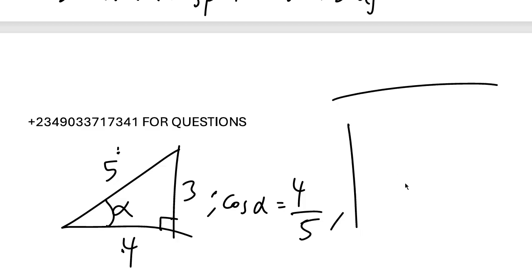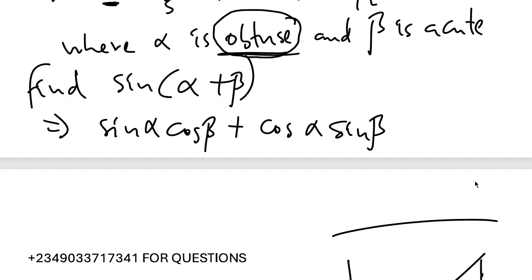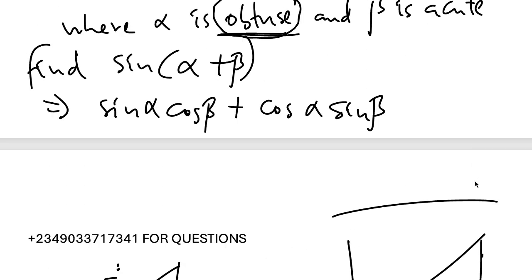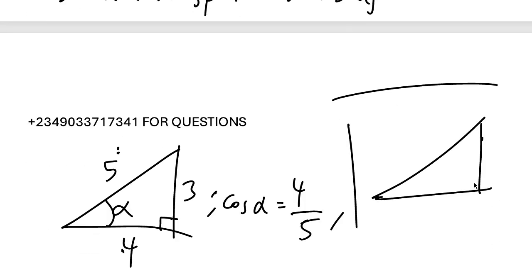Then the second triangle will be based on tan. I was given that tan beta is 5 over 12. So the opposite is 5 for beta, the adjacent is 12, and the hypotenuse is 13, because 5 squared plus 12 squared is 169, and the square root of 169 is 13.